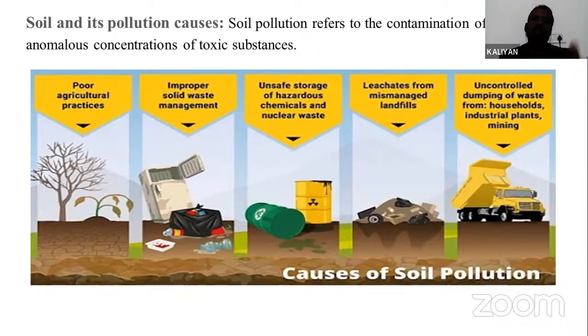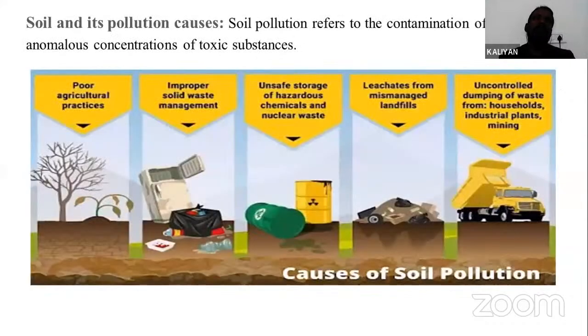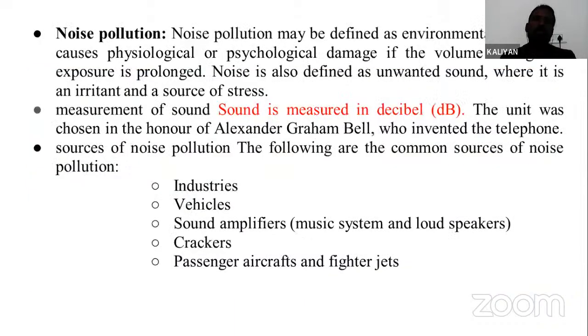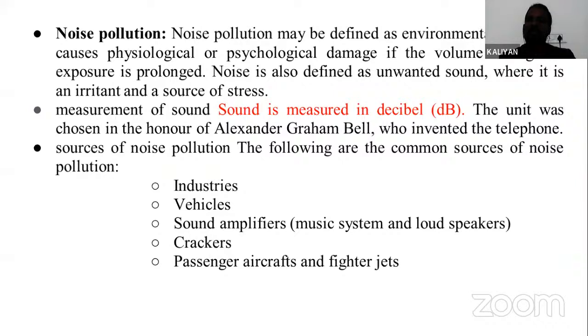So these are the causes of soil pollution. Another effect is acid rain. Sulfur and nitrous oxides react with the air and create acid rain. Because of the acid rain, the soil is polluted.